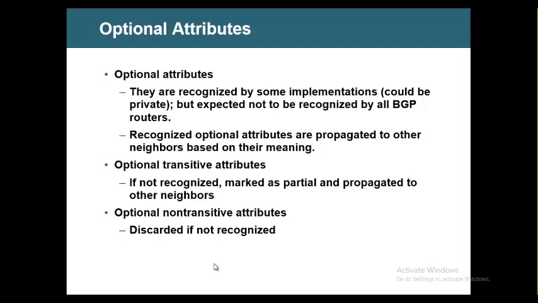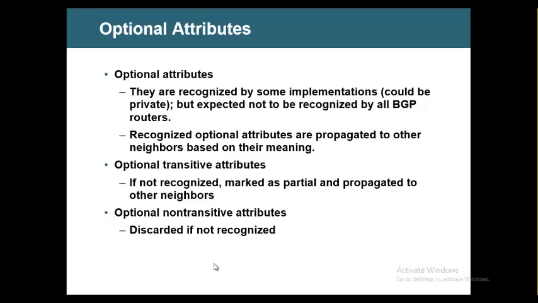So this may also sound like discretionary, may be present, may not be present, but I told you this is connected to transitive and non-transitive attributes. That's what the difference is. Optional attributes are not expected to be seen on all BGP appliances.